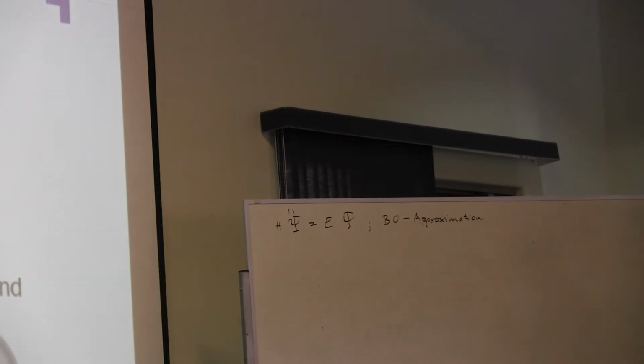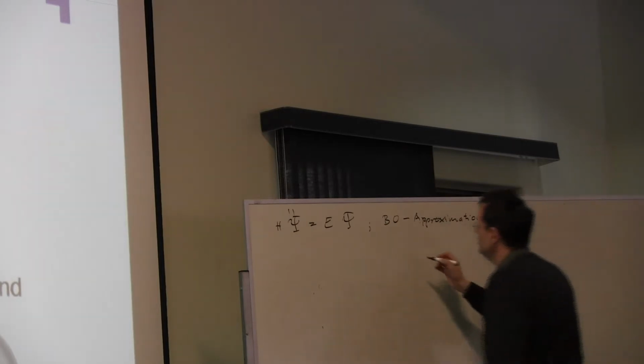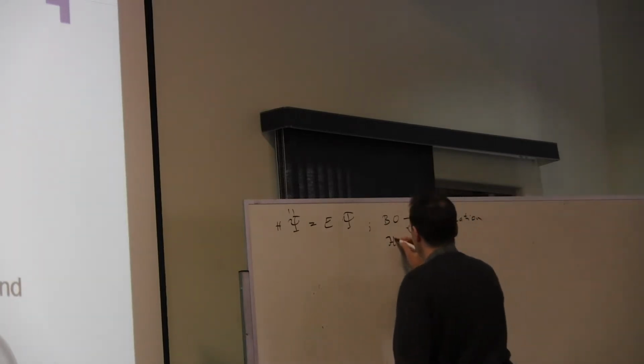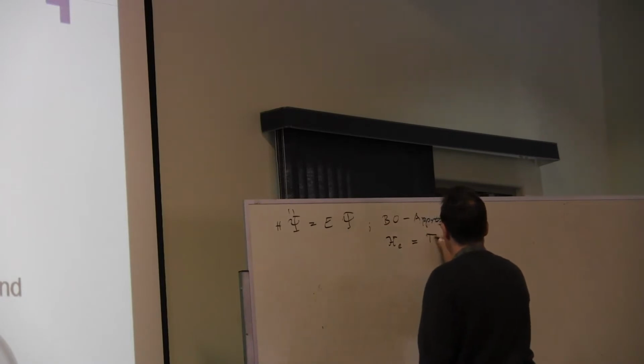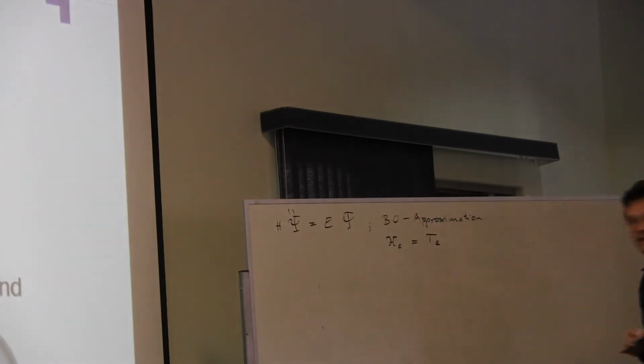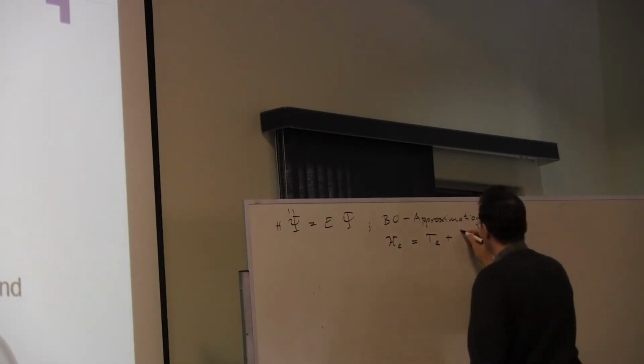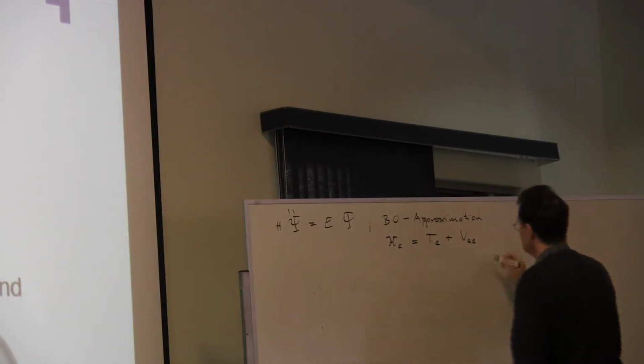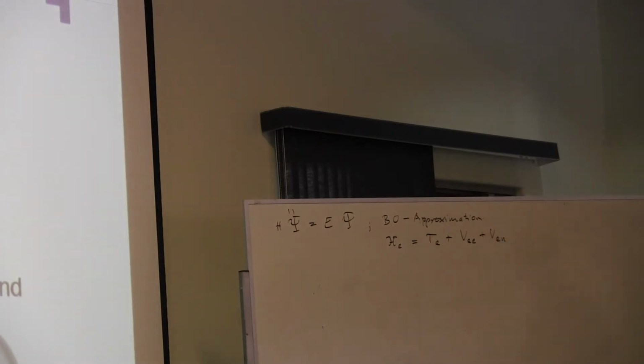And you do that on the basis of the fact that you have a fast electronic motion and a slow nuclear motion. And then you define a Hamiltonian, which is H_e, an electronic Hamiltonian, which consists of the kinetic energy of the electrons plus the interaction of the electrons with each other plus the interaction of the electrons with the nuclei.